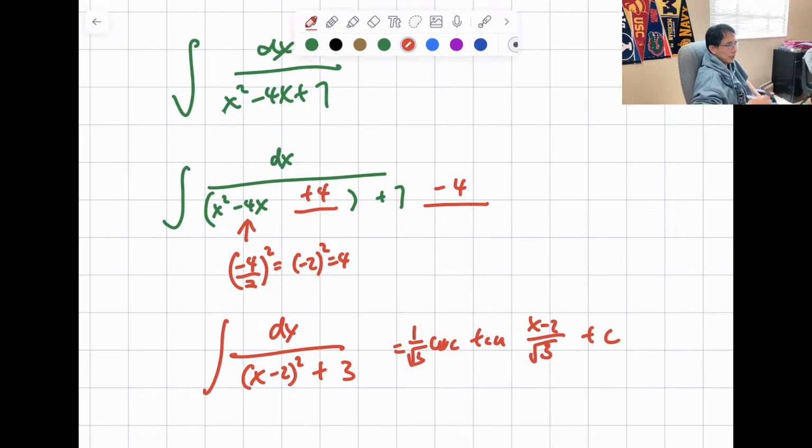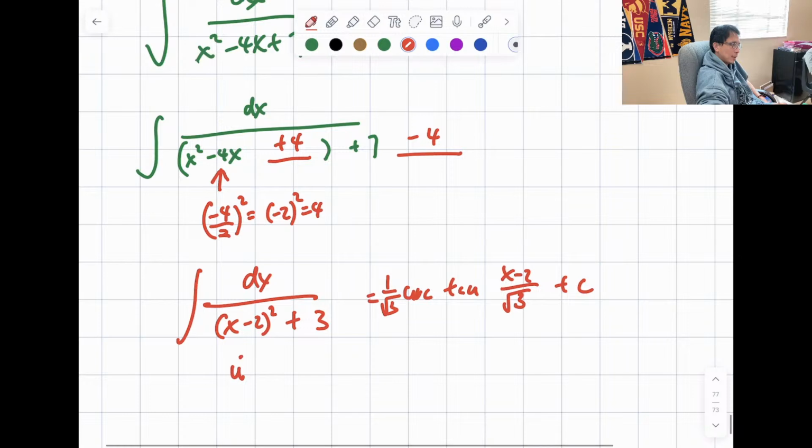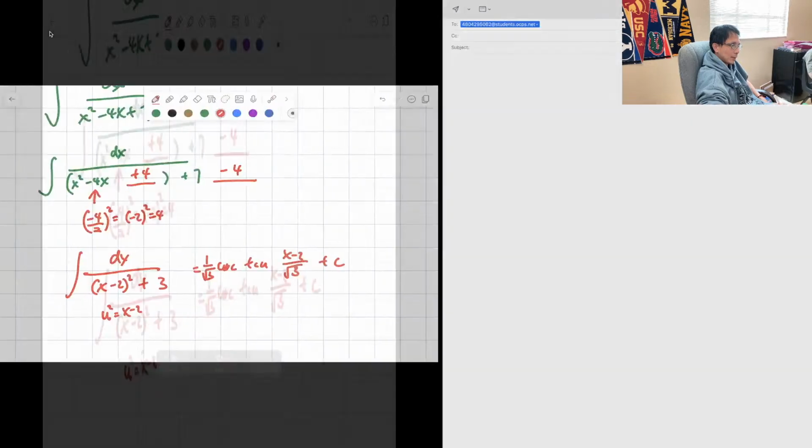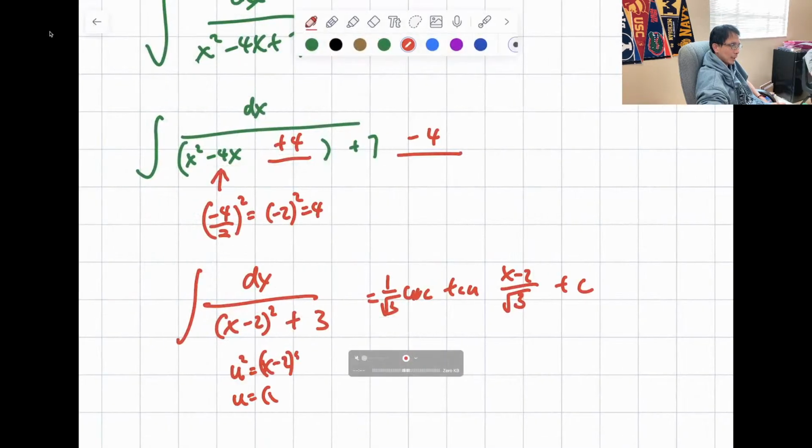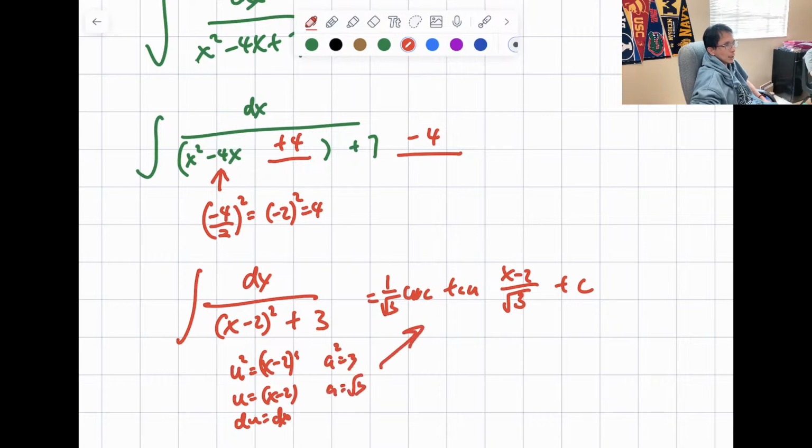Sorry, I made a mistake. Why is it root 3? Because u squared equals x minus 2 squared, so u is equal to x minus 2, du equals dx, so there's no dx issue. a squared equals 3, so a is equal to root 3. Now I just plug in, and boom, I'm done.